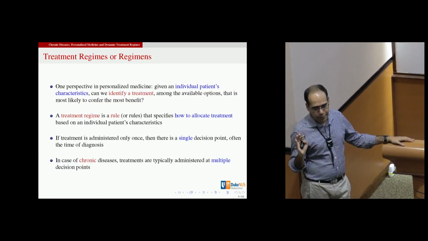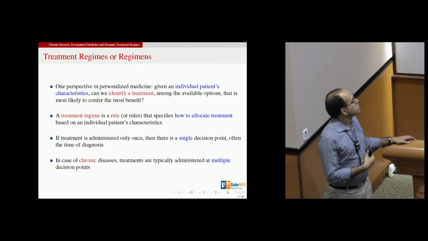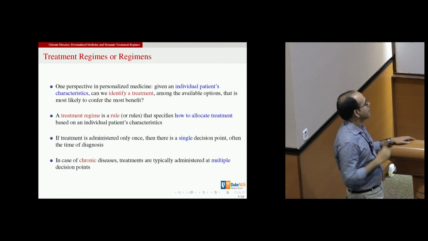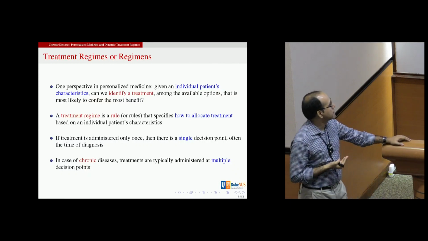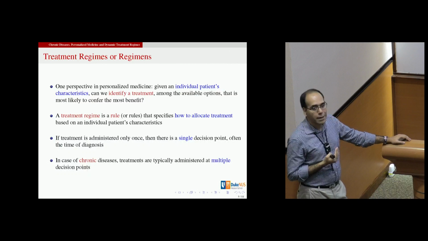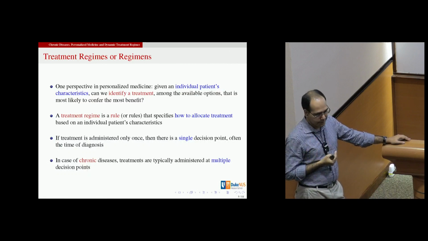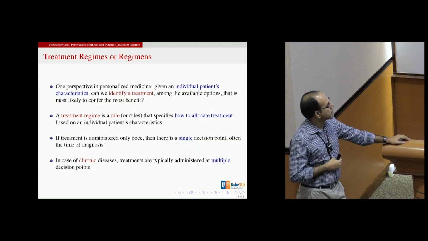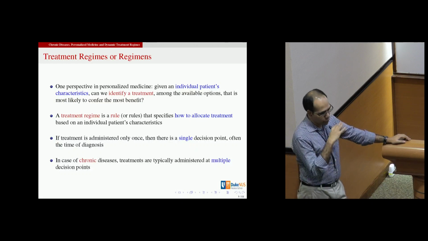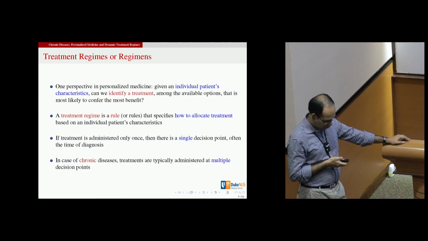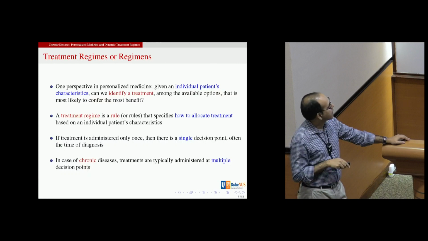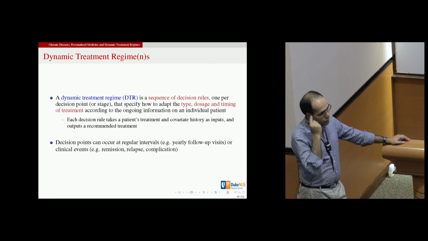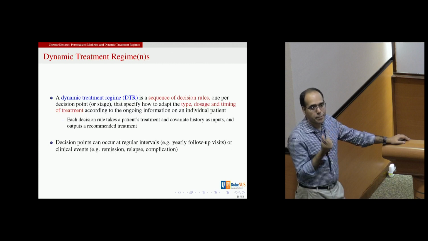You give some medicine and then you are done. So that could be the one-stage setting, whereas if it's a chronic disease, then treatments are typically administered at multiple decision points as the condition progresses. We will be mainly focusing on that multiple time point setting, but it starts with the single time point.